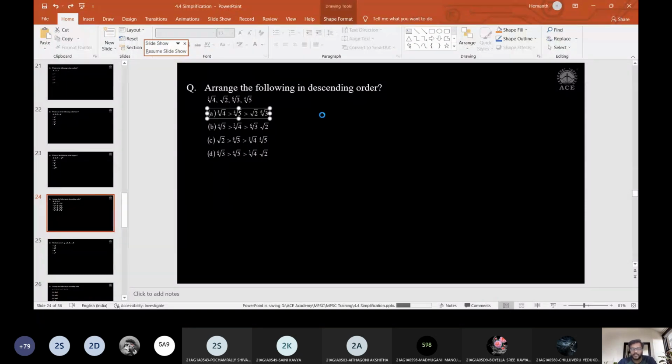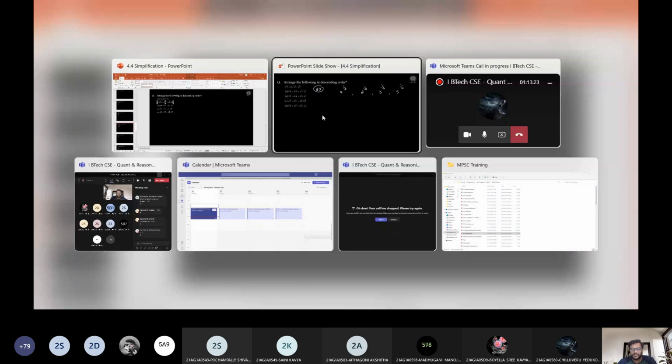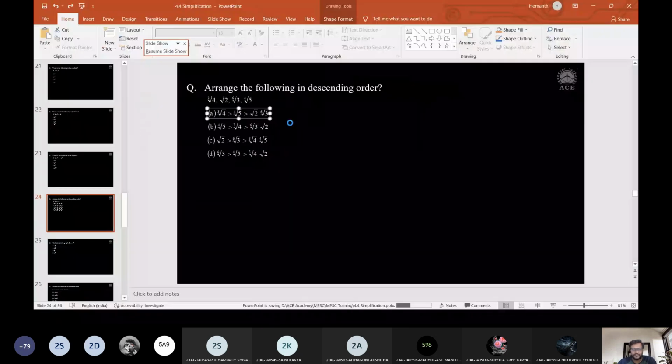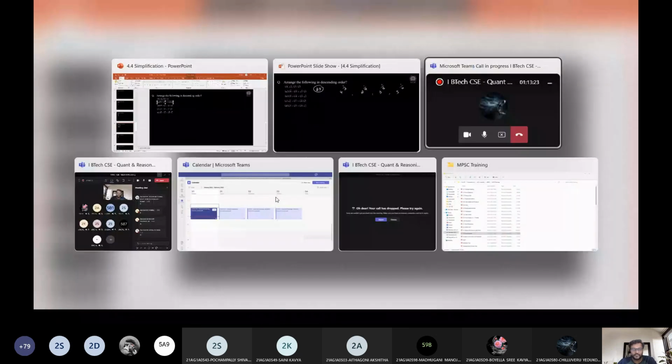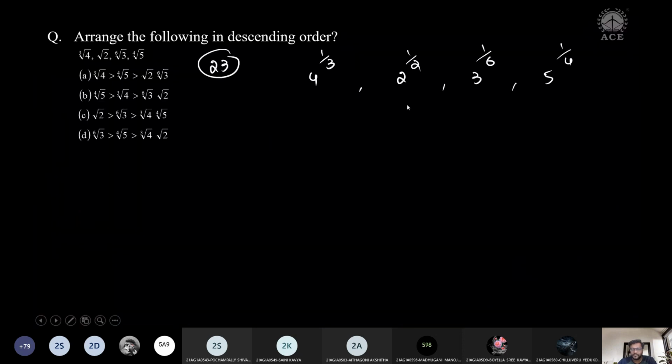I hope you can put the greater than symbol in between there. Now, my dear friends, decide which is the correct order.